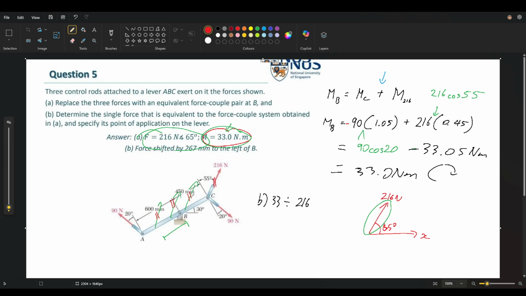All these lines should be parallel to each other, okay? So we now take 33 divided by 216 cosine 55. What do you get? Whoa, you get 0.26636 meters, which is 266 mm.